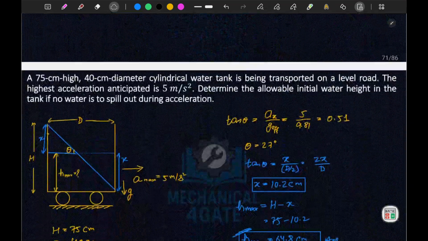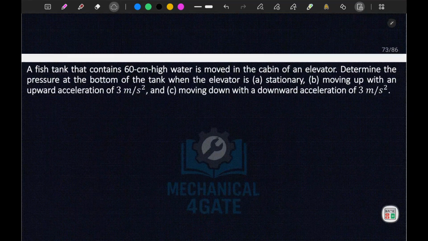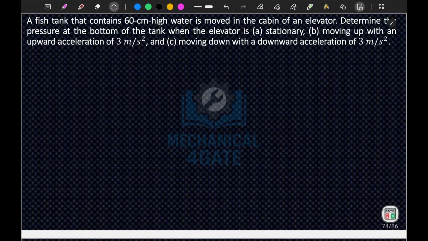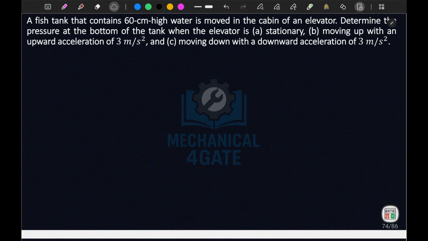Okay. Now this is your next question. A fish tank that contains 60 centimeter high water is moved in a cabin of an elevator. Determine the pressure at the bottom of the tank when the elevator is stationary, moving with an upward acceleration of 3 meter per second square, and moving with a downward acceleration of 3 meter per second square. Okay. So in all these three cases, we have to calculate the pressure.